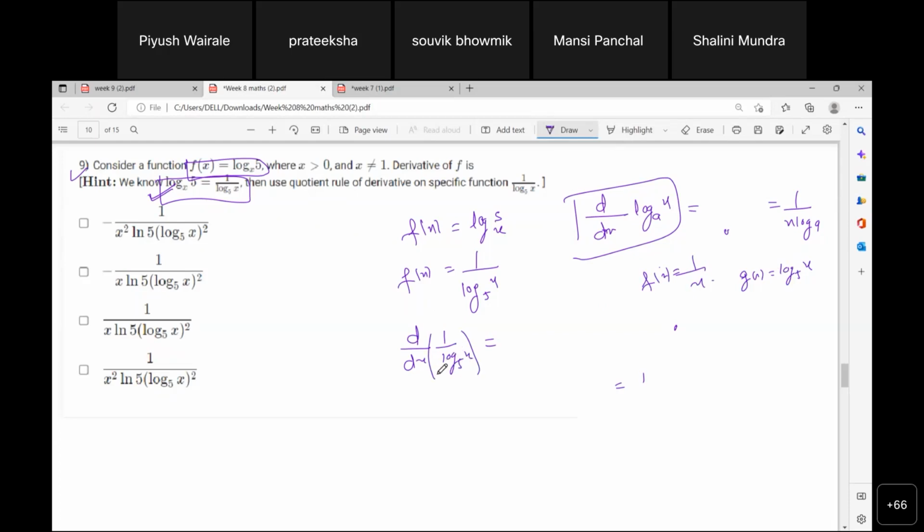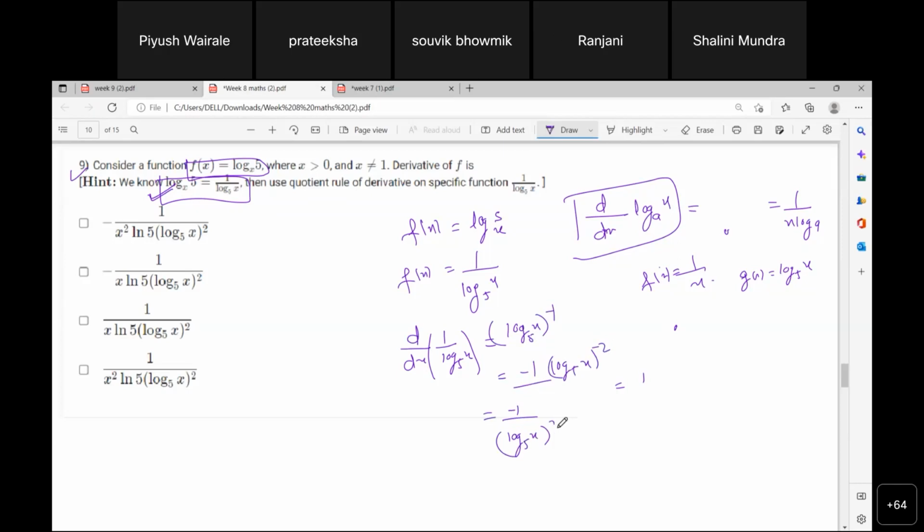You can write it as log of x to base 5 raised to minus 1. So that makes it minus 1 into log of x to base 5 raised to the power minus 2, right? Then you differentiate log of x to base 5.